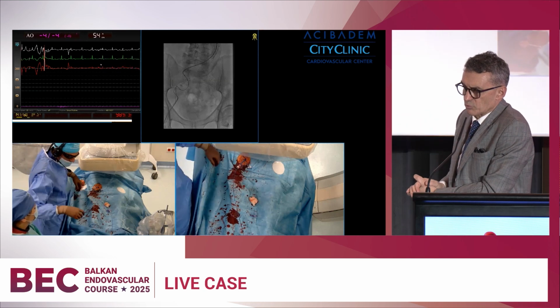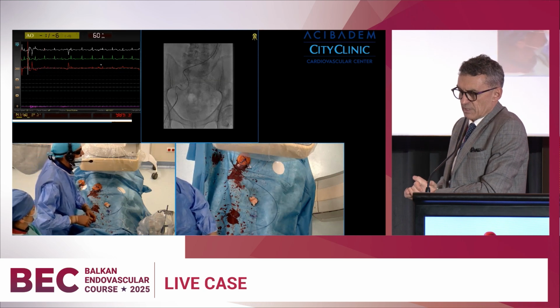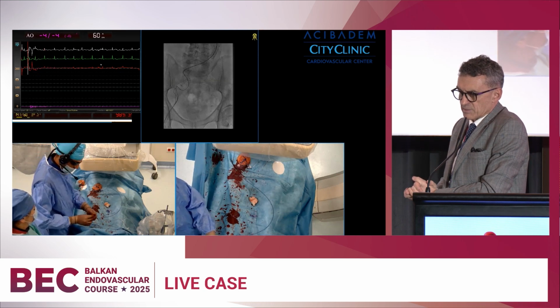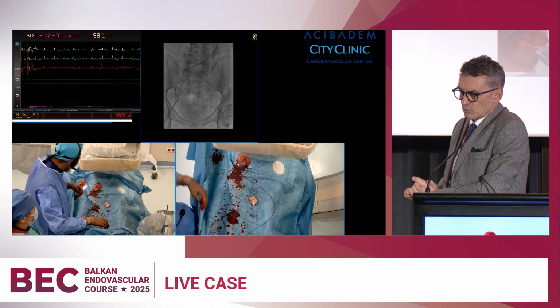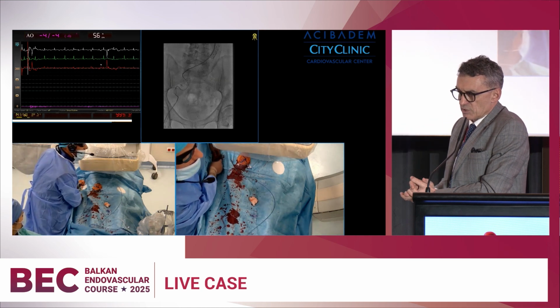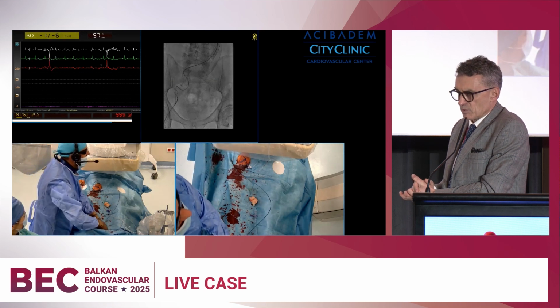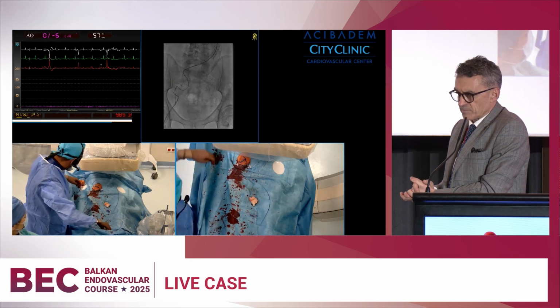So it's possible to put catheter over the catheter, to put a supportive wire, and finally to put a big sheath, and through the big sheath to implant an additional Endurant stent graft.